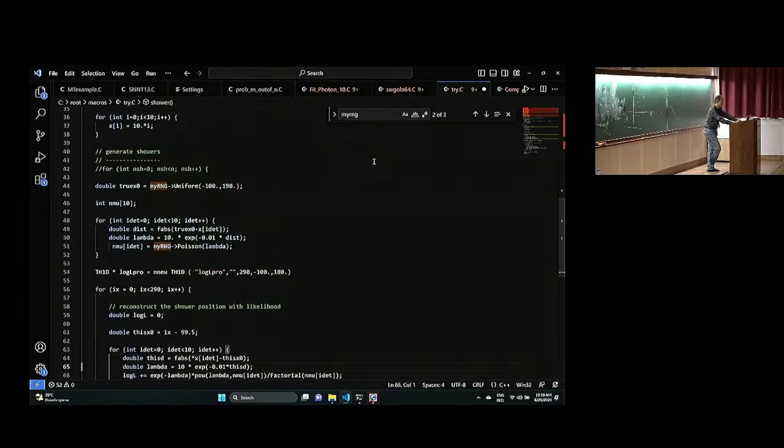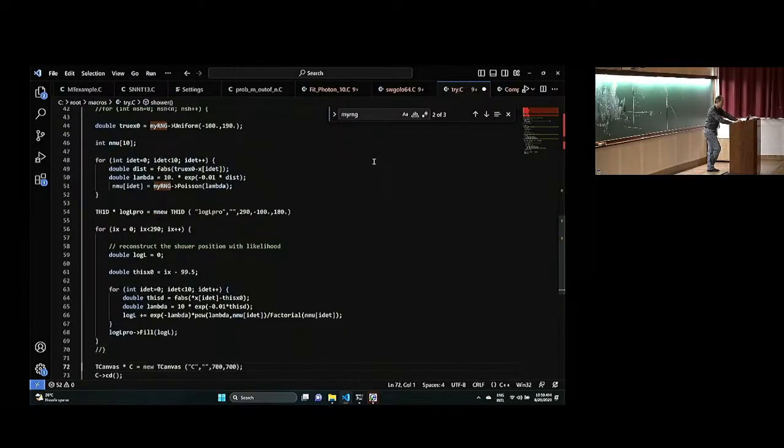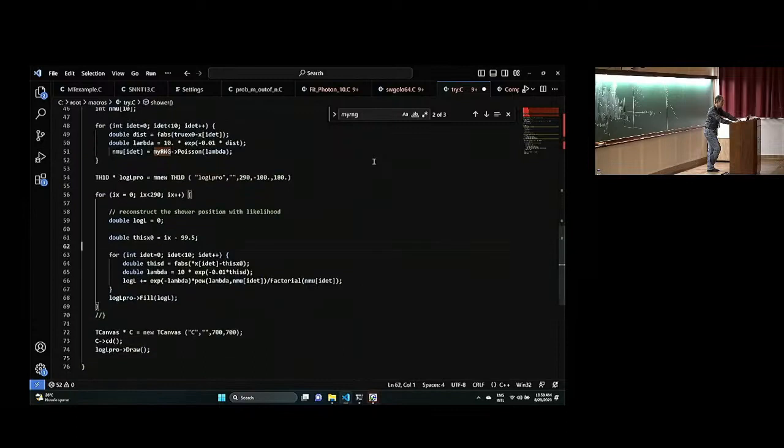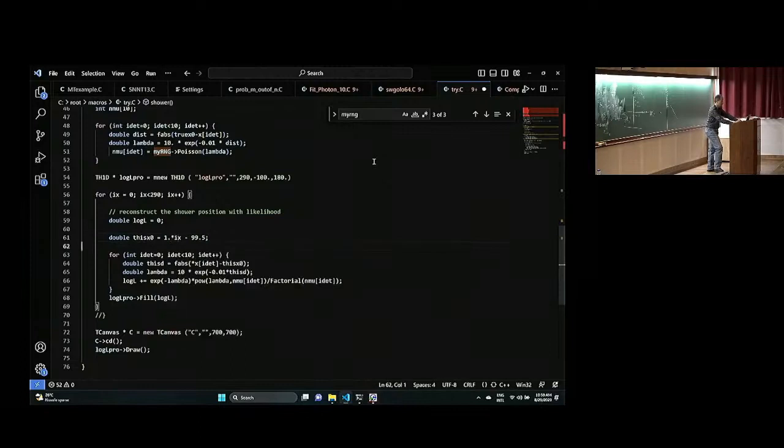And then I generate a histogram and I loop over the X positions from -100 to 190 so that we can look at the likelihood as a function of the position. And I do this X0 is Ix times -1 times Ix minus 99.5.